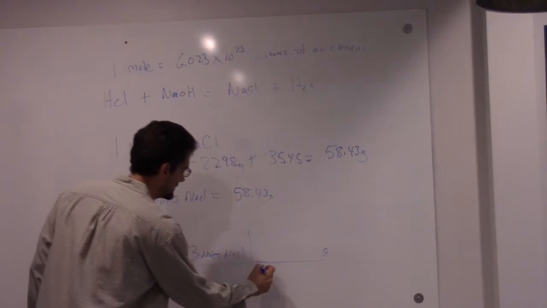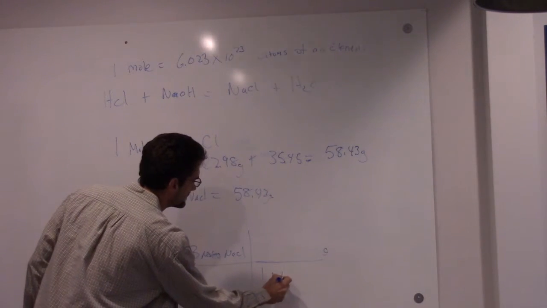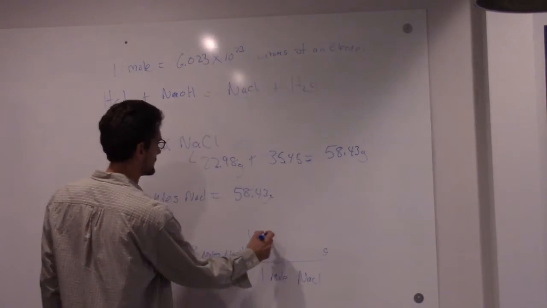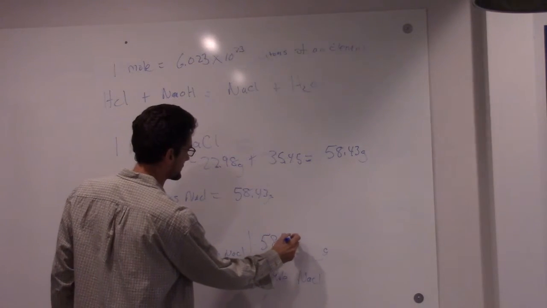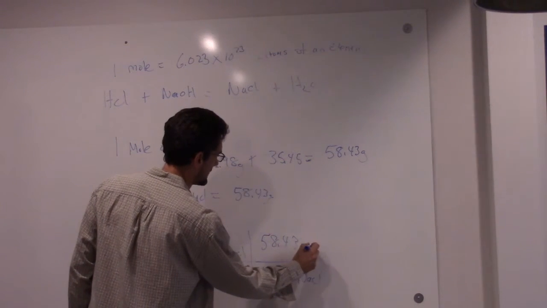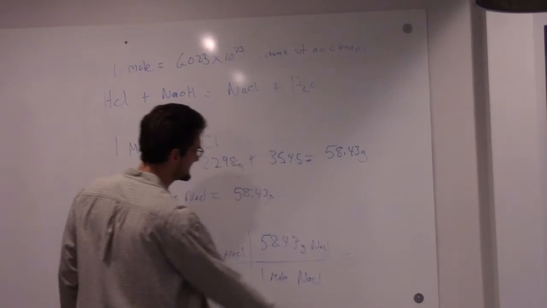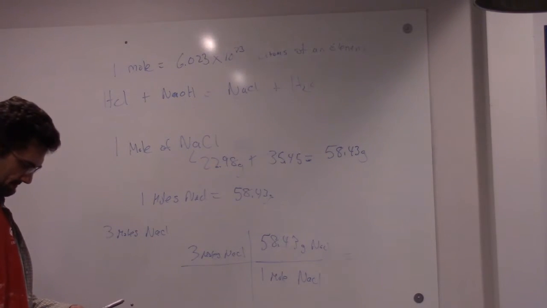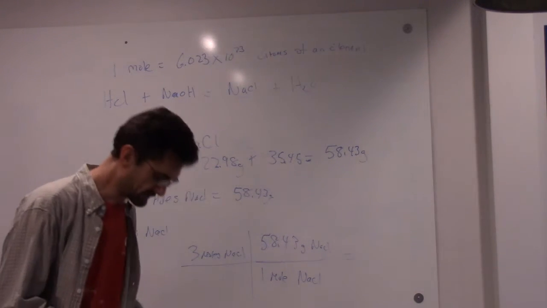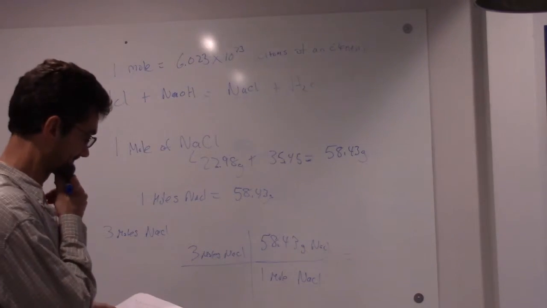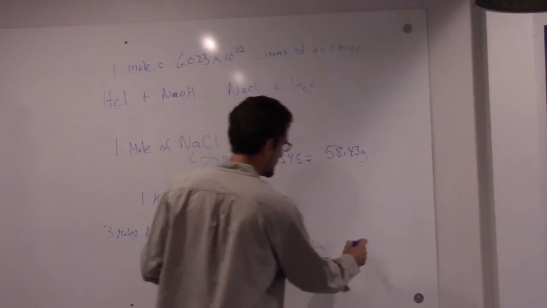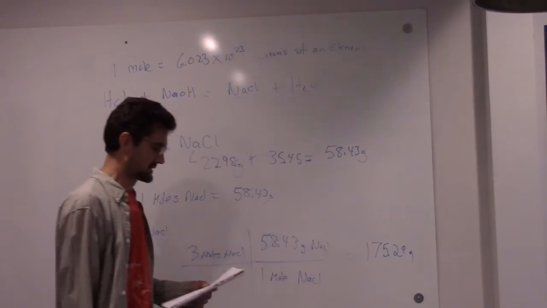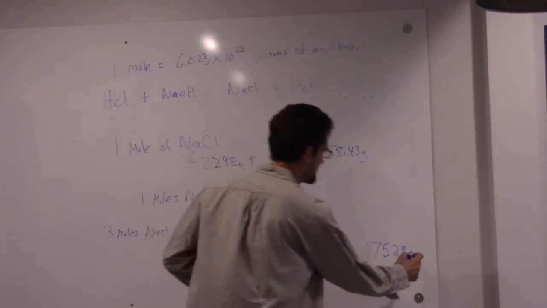Well, 1 mole of NaCl equals 58.43 grams of NaCl. And what does that equal, teacher's assistant? 3 times 58.43 is 175.29 grams of NaCl.